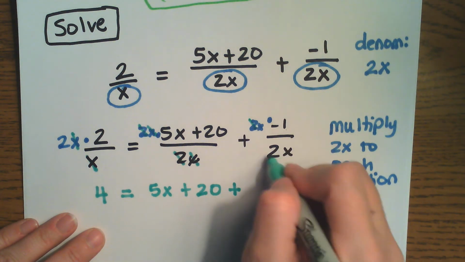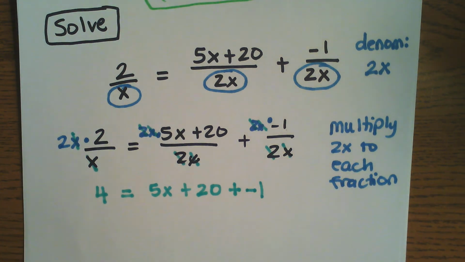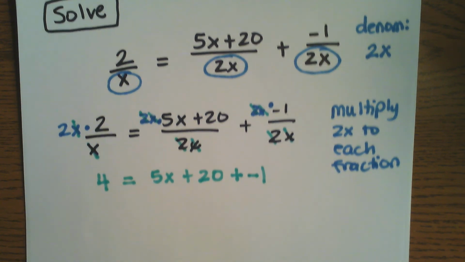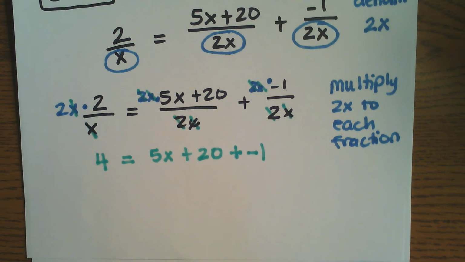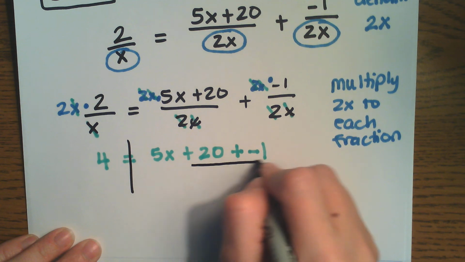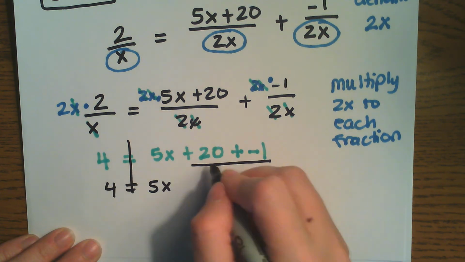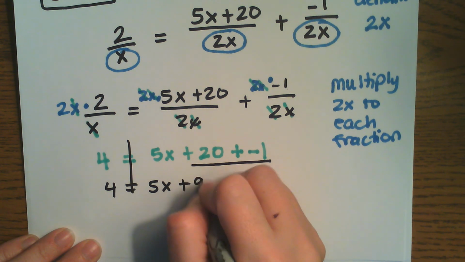On the last one, 2 and x cancel, leaving me with negative 1. I'm going to combine like terms on the same side of the equal sign. 20 minus 1 is 19.